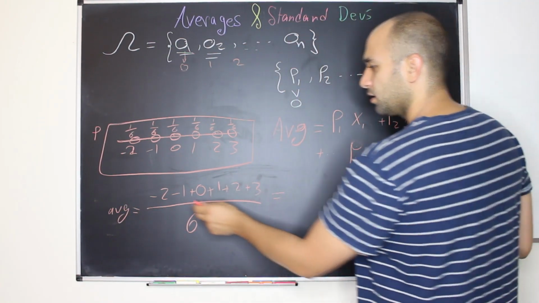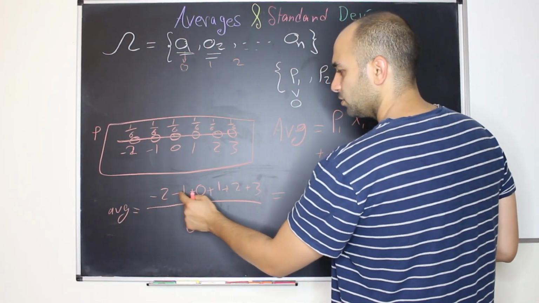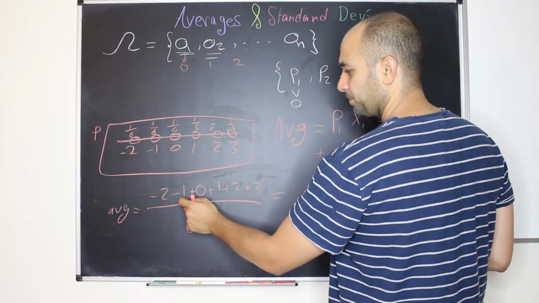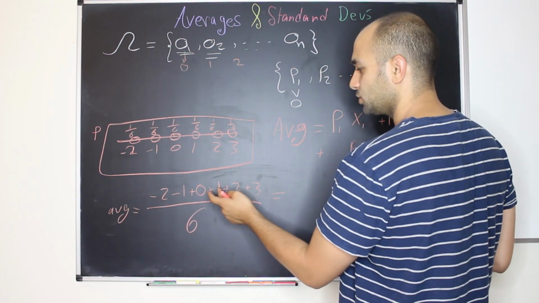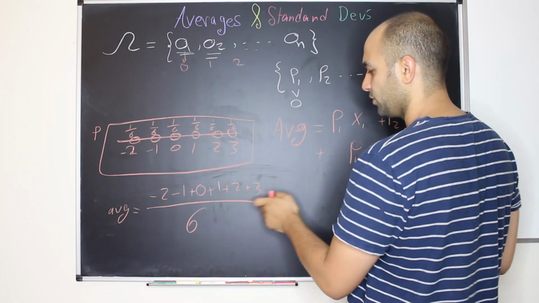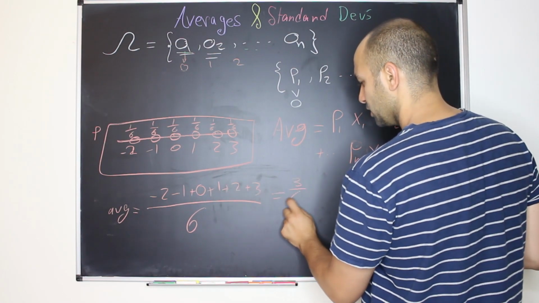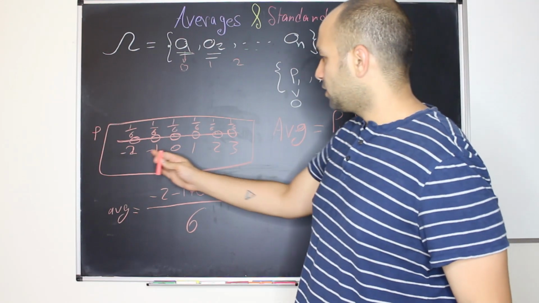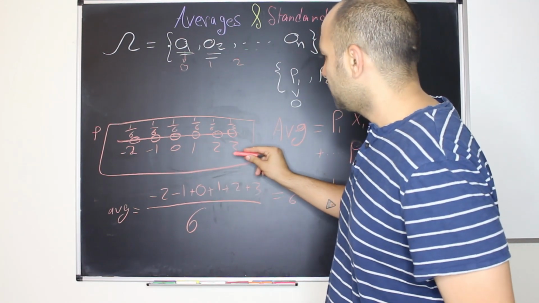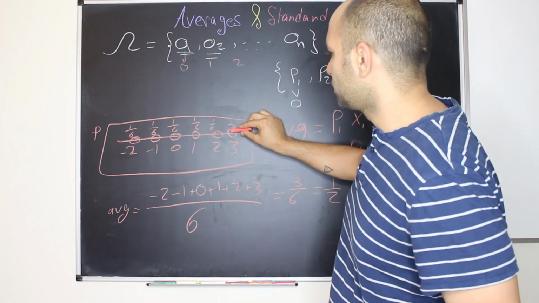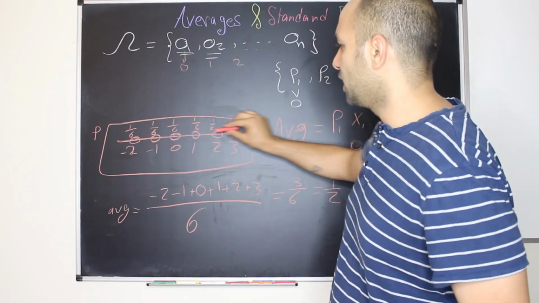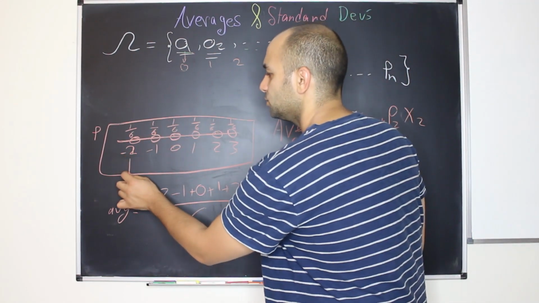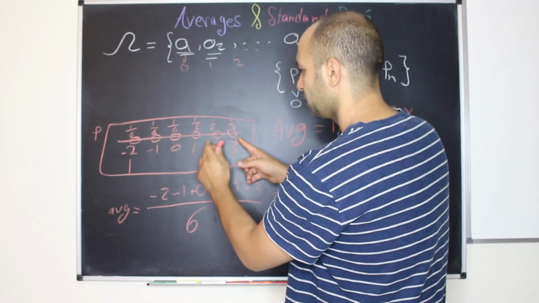And then you have -2, -1, that's -3, plus 1, that's -2, plus 2, that's 0, and then plus 3, so you get 3 over 6, which is equal to 1/2. Right? So if I look here, and I try to go to the center of this line, I'm starting at -2 and ending at 3.